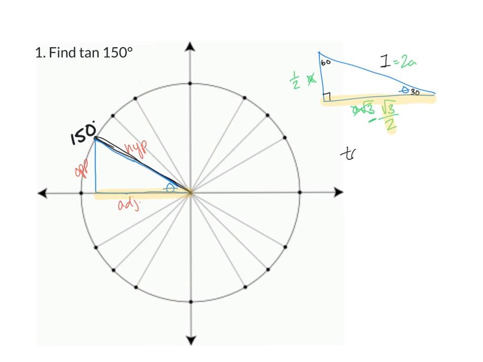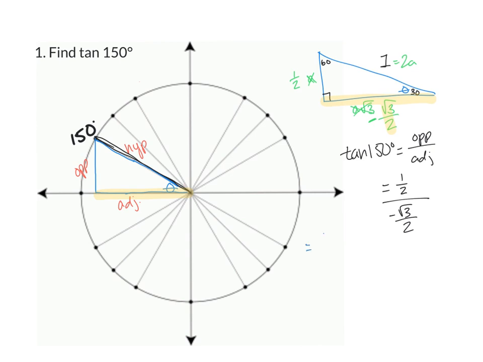So tangent of 150 degrees is going to be my opposite over my adjacent. Opposite in this problem is 1/2, over my adjacent, which is that negative root 3 over 2. This is why we practiced this last week, a complex fraction.